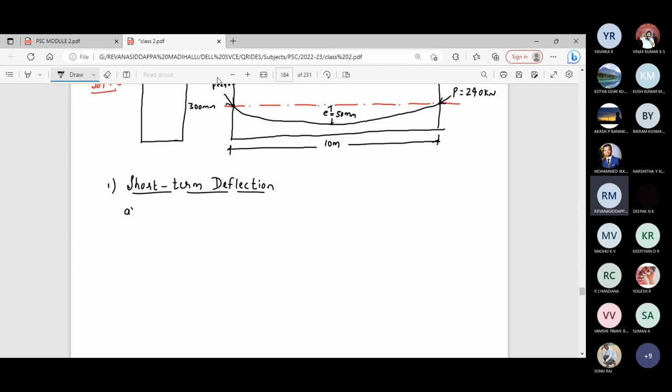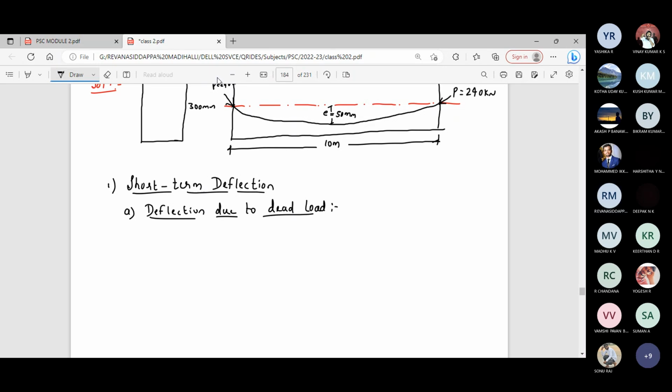Now, initially we will find deflection due to dead load. Deflection due to dead load we will find now.